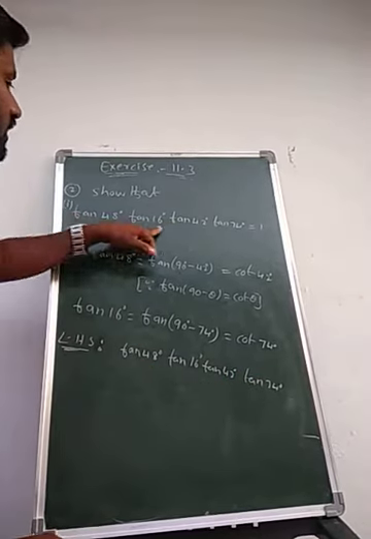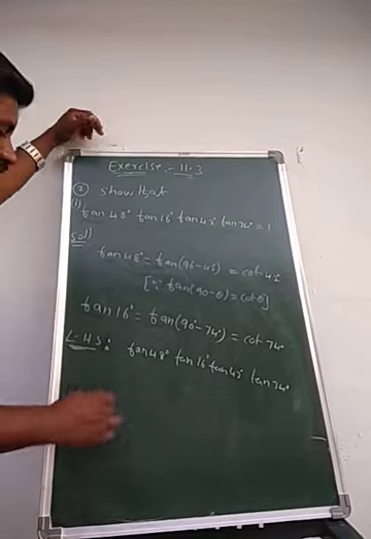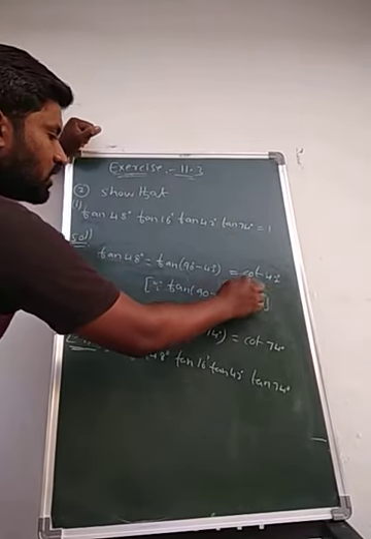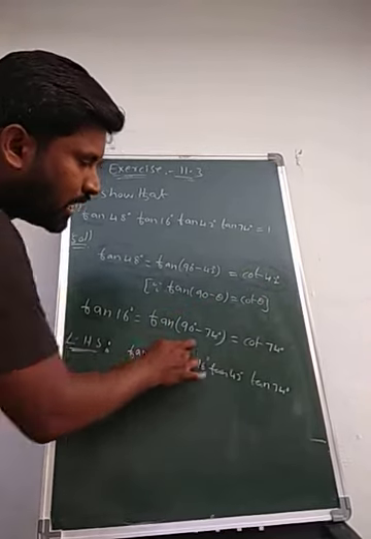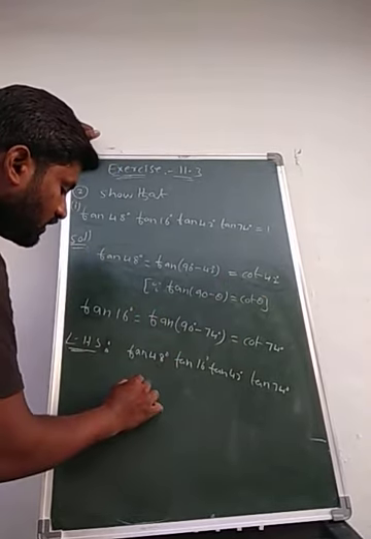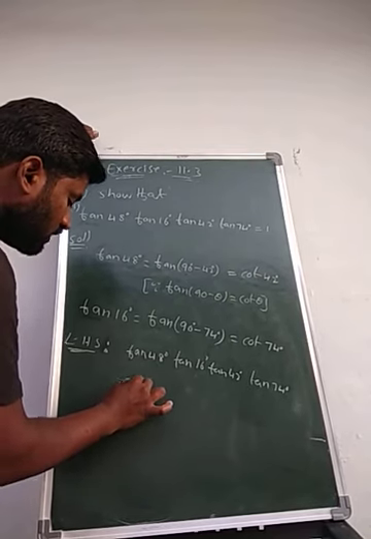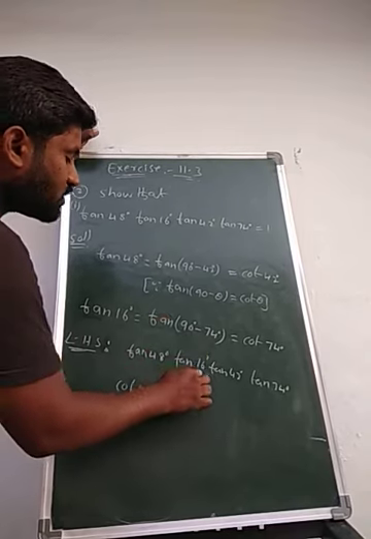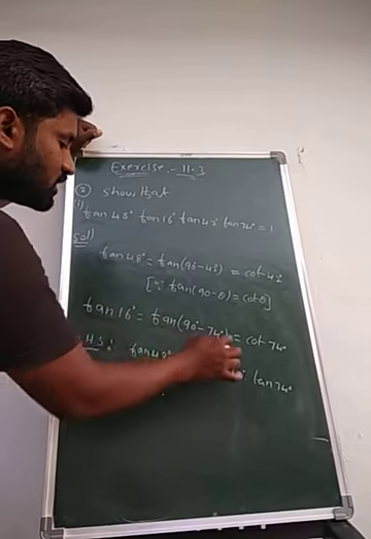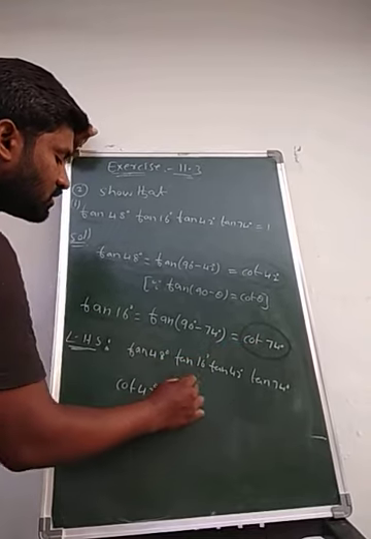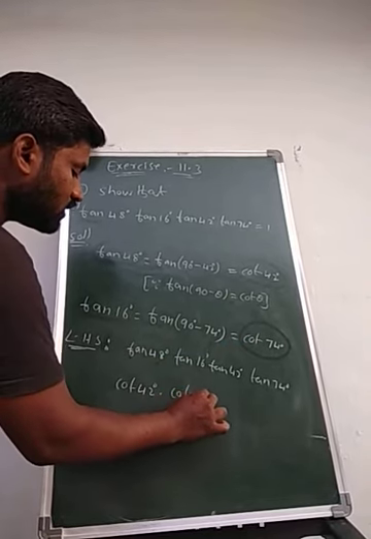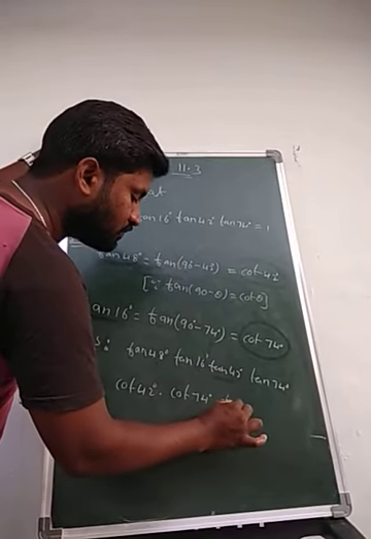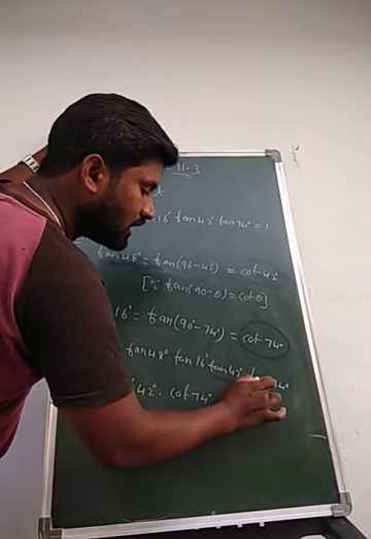Tan 48 means cot 42, so in place of tan 48 I'm going to write cot 42 degrees into, tan 16 degrees means cot 74 degrees. As usual I'm writing tan 42 degrees, tan 74 degrees.